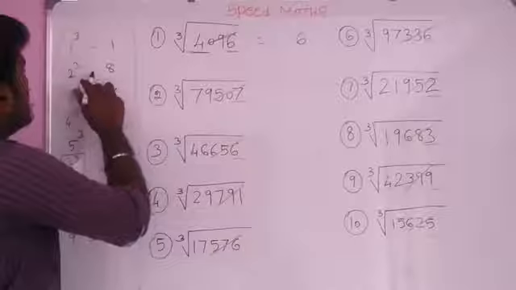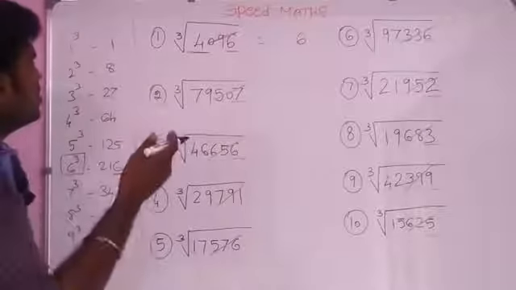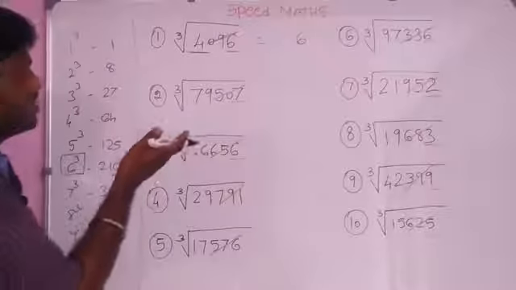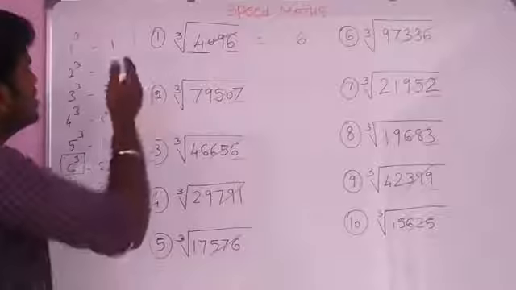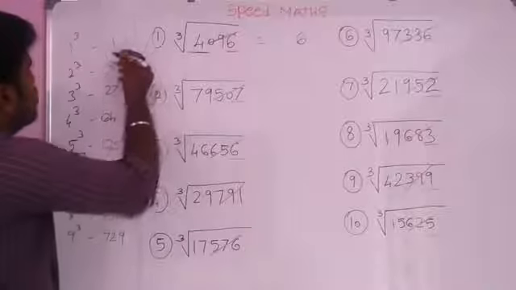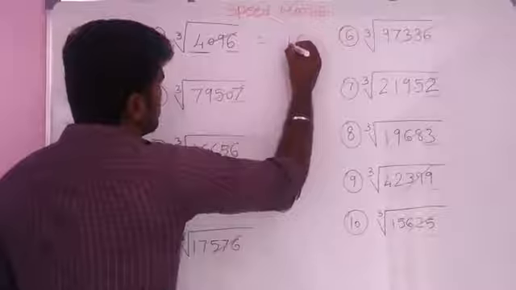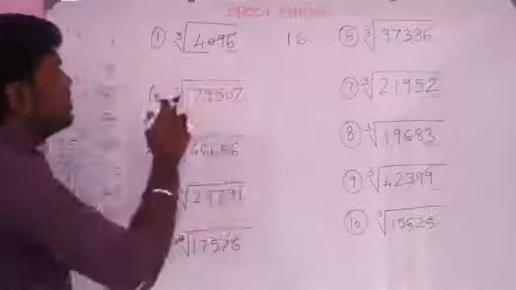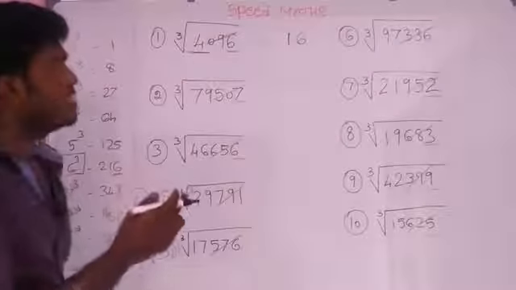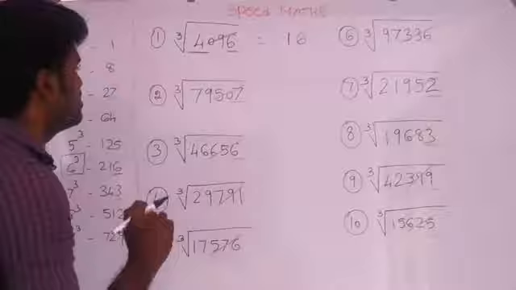So we take the value which is smaller than 4, that is 1. And the answer for the cube root of 4096 is 16.